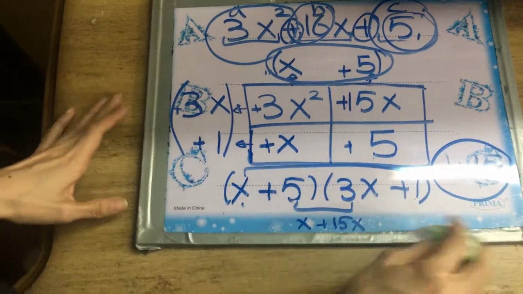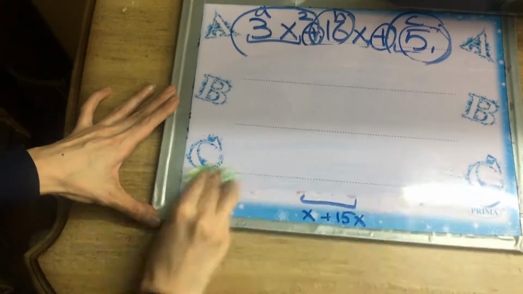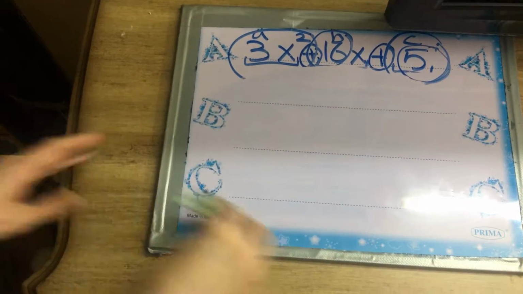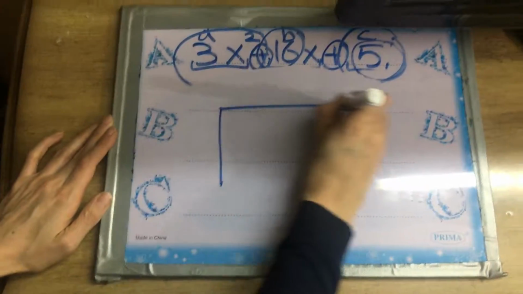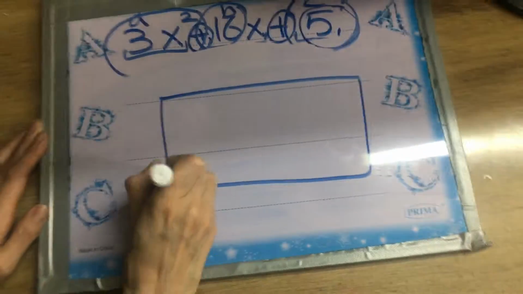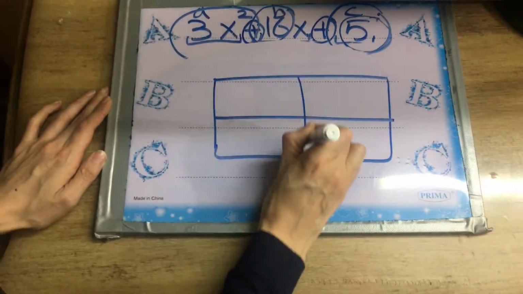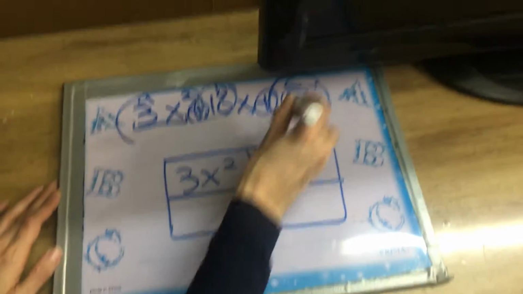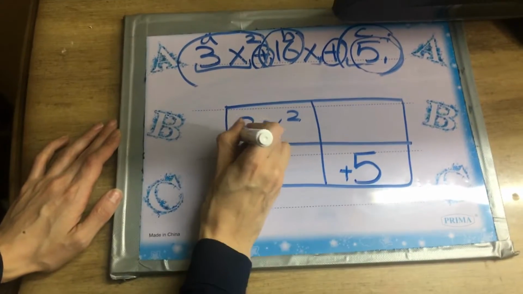Let's do the box one more time. Draw the box. We write the first term up, the last term down with their signs.